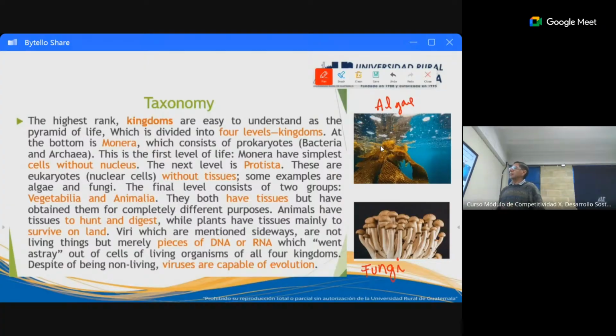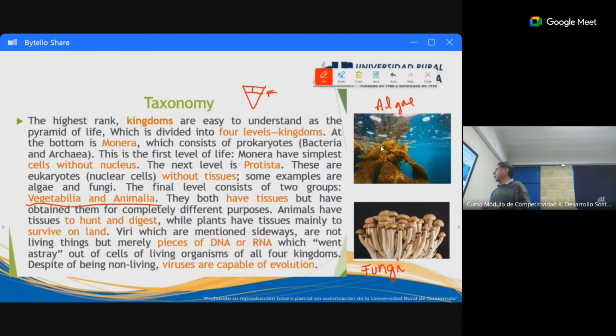Okay, the final level consists of two groups. We saw vegetabilia and animalia on top of our pyramid, in the upper level. They both have tissues, but have obtained them for completely different purposes. Animals have tissues to hunt and digest, while plants have tissues mainly to survive on land.